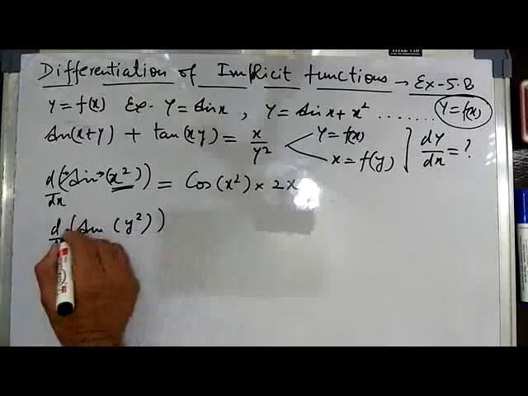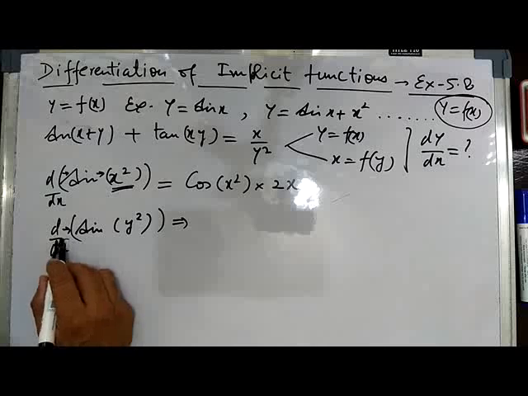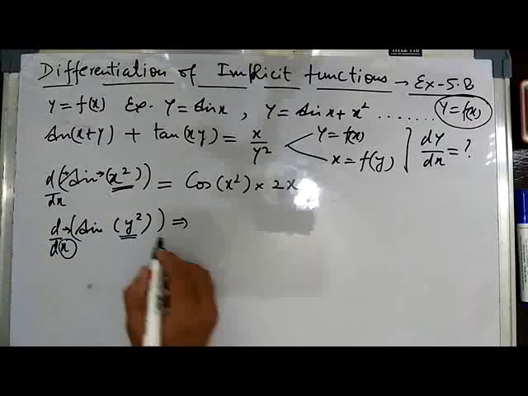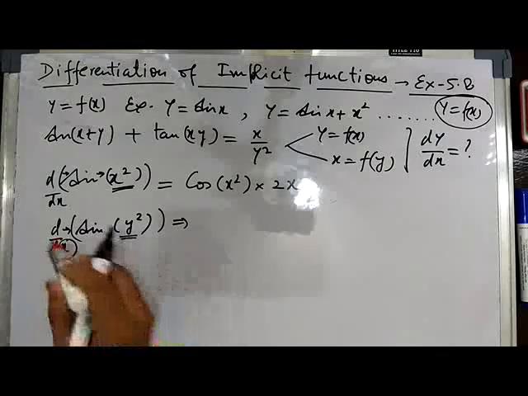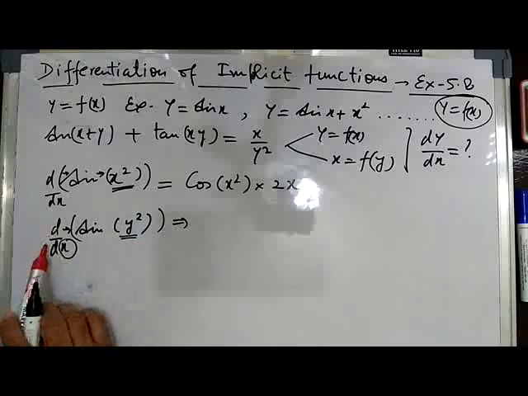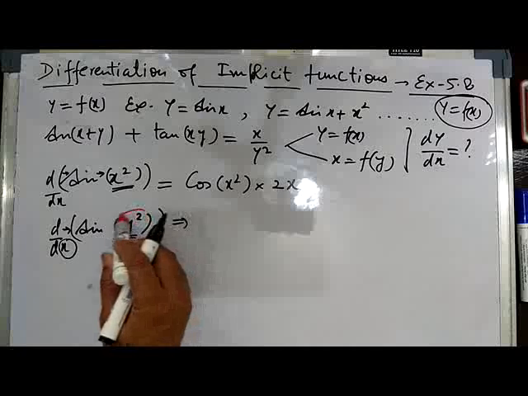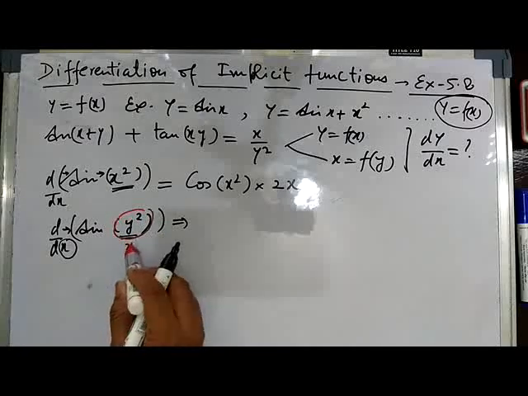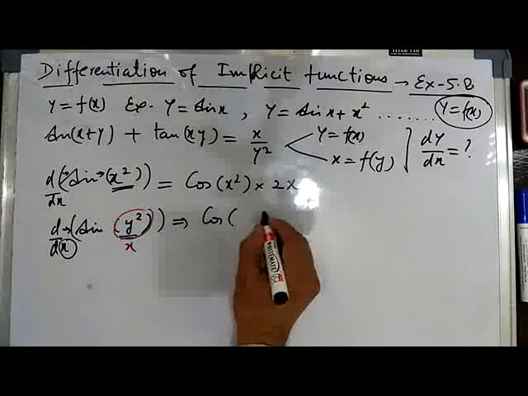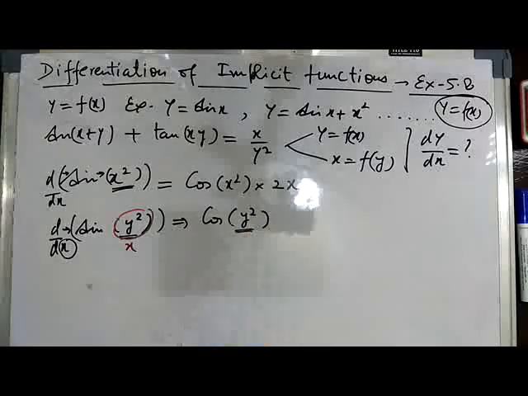Then when you come here to differentiate, since differentiation is taking place with respect to x, this is taken as an x, because the differential operator recognizes this function as a function of x. So it will differentiate into cos, assuming here we have x but we don't have x, we have y square.